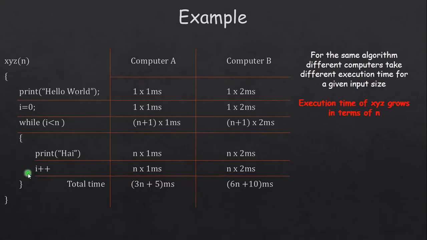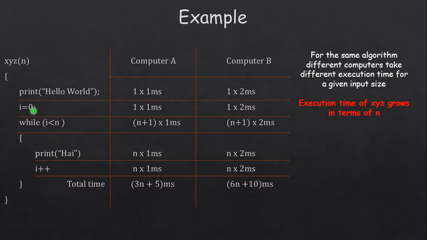So consider this example. I have a procedure called XYZ. It just prints hello world and prints hi n times. This procedure XYZ is executed on two computers, computer A and B. The specialty of computer A is that to execute each statement it takes 1 millisecond, and at the same time computer B takes 2 milliseconds to execute each statement. Printing hello world is executed only once, so it is 1 into 1 millisecond.